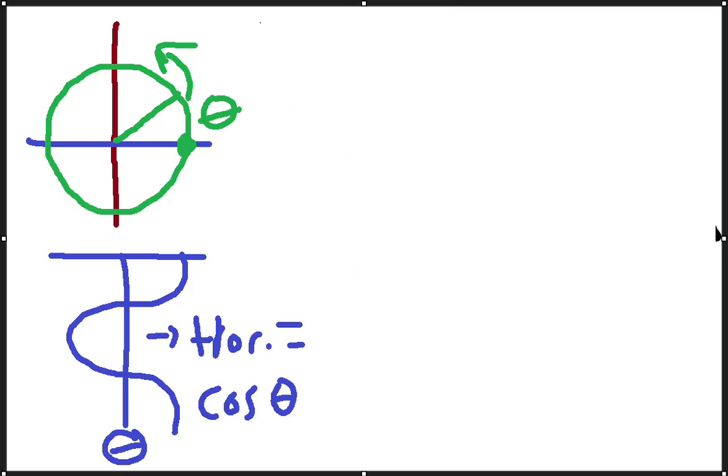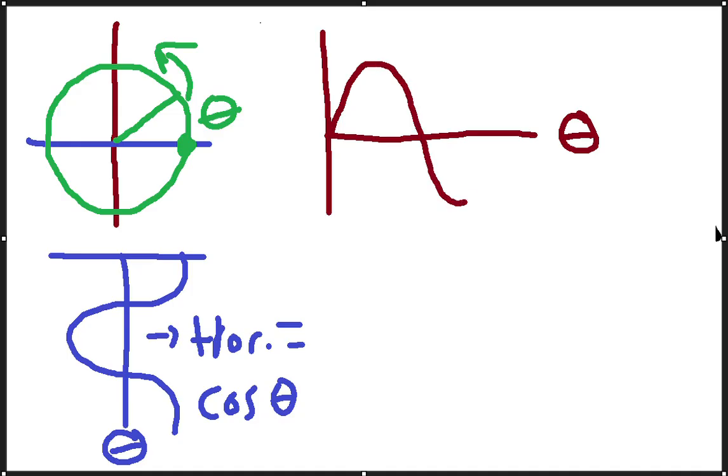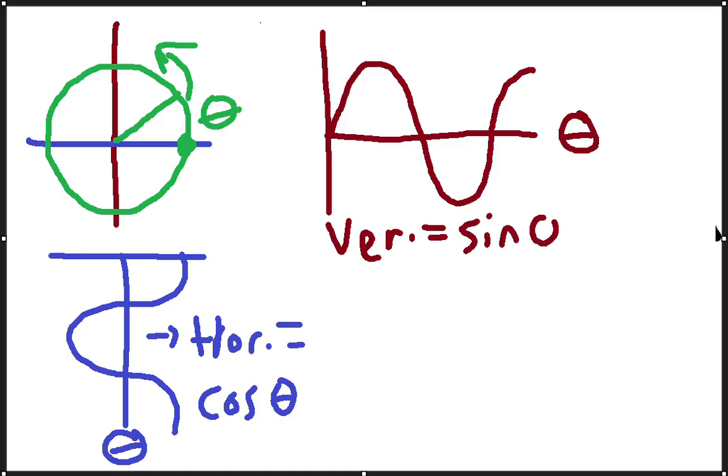So we'll draw that here too. We'll draw this, where this is theta, and it'll look a little bit like this. And so the vertical component is equal to sine of theta.